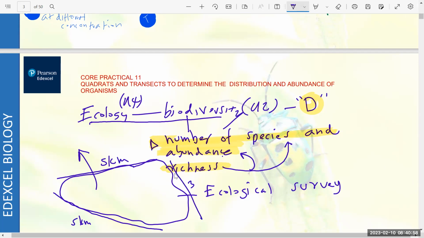So we can understand it is easily close to 20 square kilometers. Now, 20 square kilometers is quite a large area, so it is not that easy to count each and every species and their numbers, right?